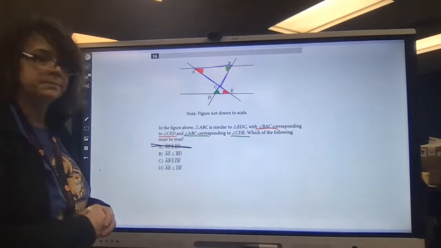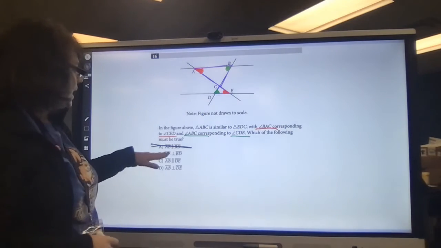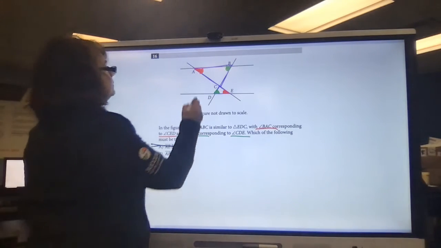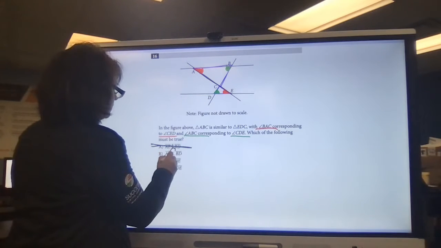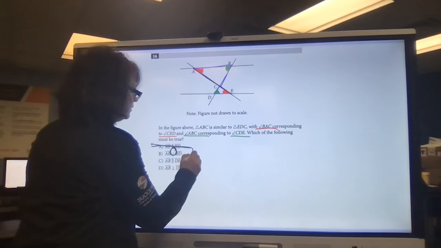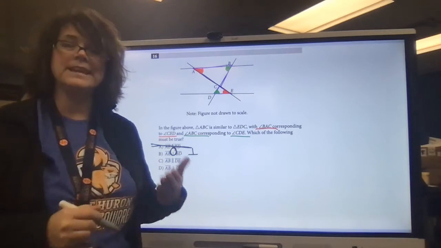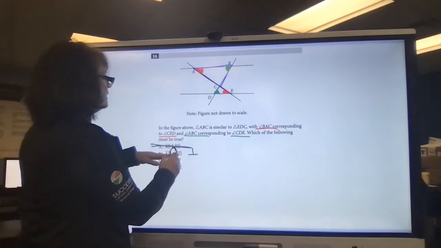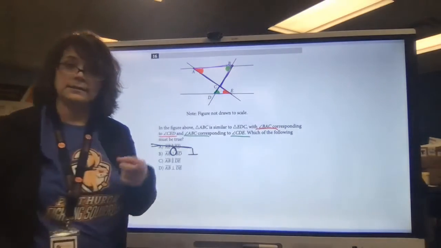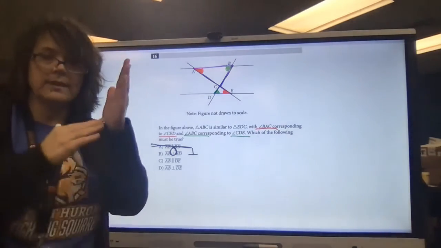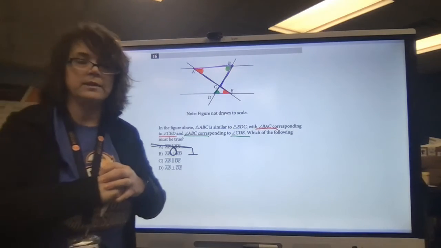Process of elimination. Second choice, segment AE is perpendicular. Remember, this symbol right here means perpendicular. Perpendicular means 90 degrees with segment BD. So while these two cross, because that's important for perpendicular, they've got to make a 90-degree angle with each other.